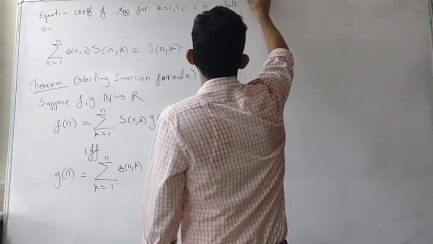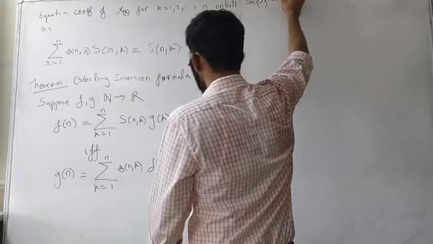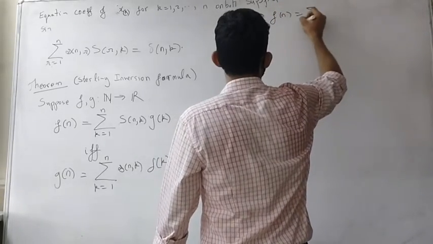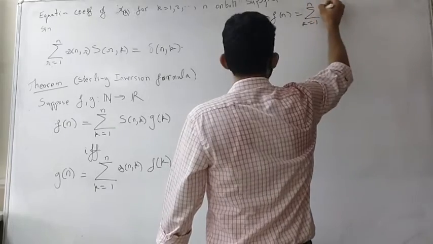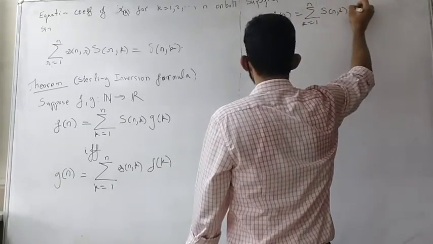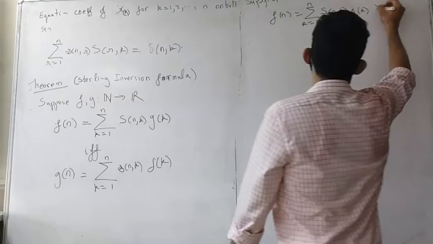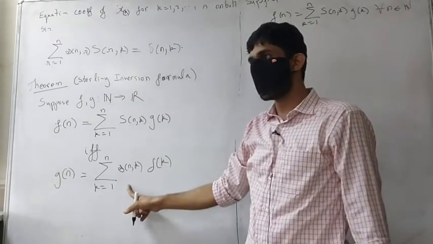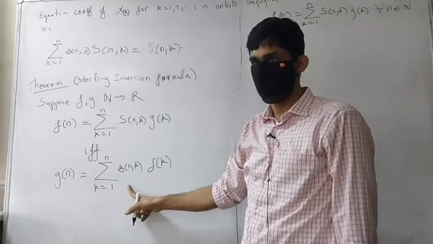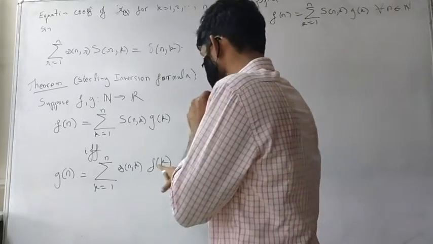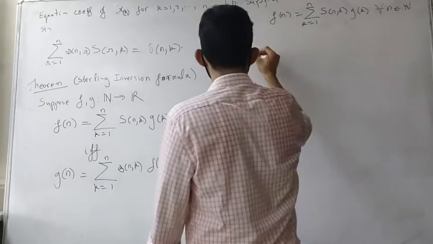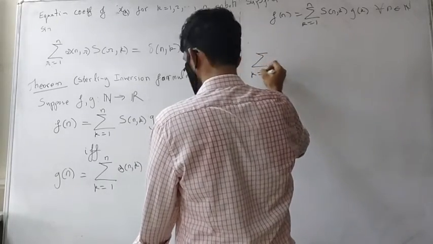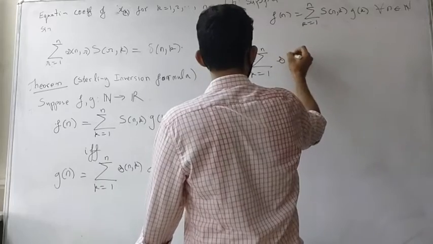So suppose f n equals summation k going from 1 to n, capital S n k, g k for every n in N. I need to prove that g can be written in f in this manner. Okay, so start with this. So summation k going from 1 to n. Any idea what we will do here?